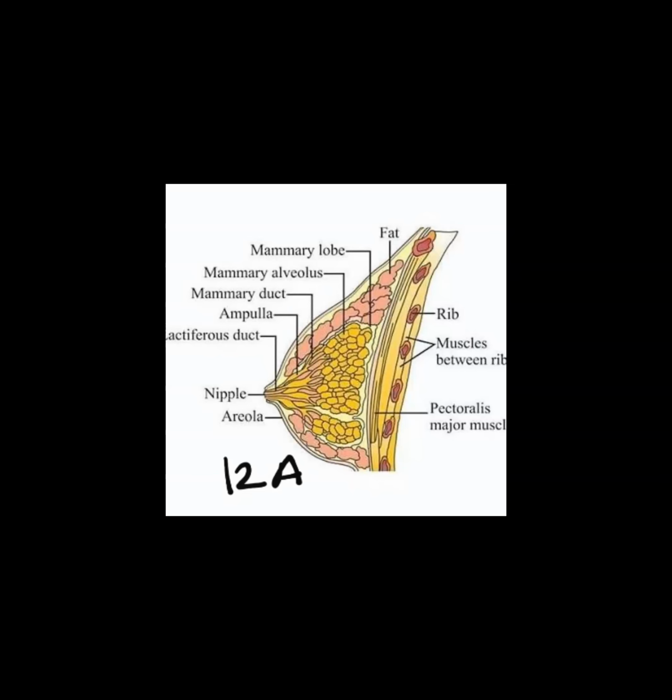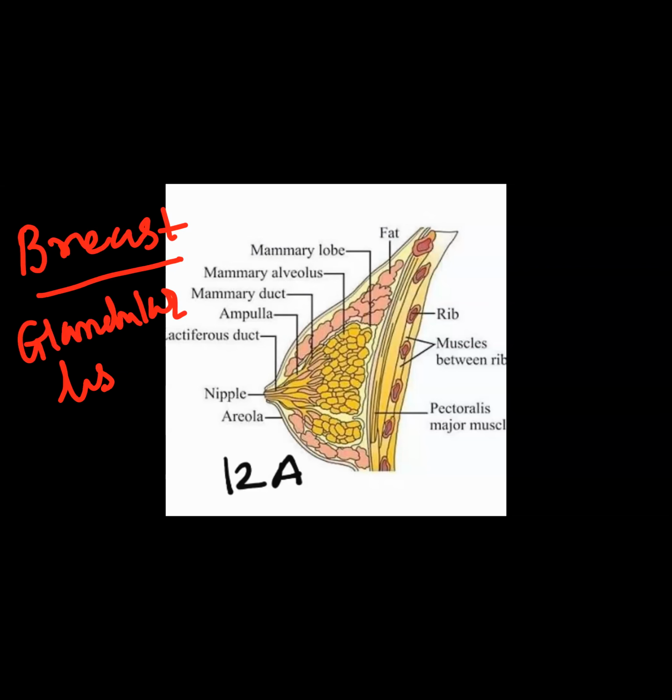In a female, in the breast region, the mammary glands are paired structures. If you see the structure of the breast, two things are there. One is the glandular tissue, and then there are fats.